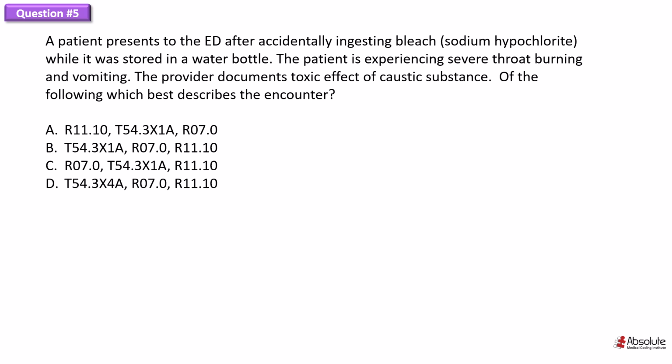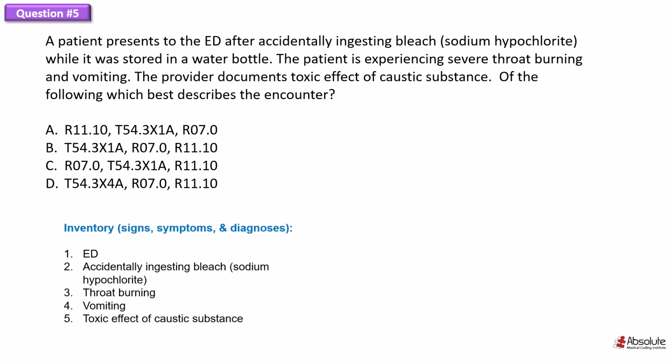All right, coders, how did you do? Were you able to get those keywords? I know you did. Your inventory should look something like this, but just so you know, sometimes it's subjective. But when you are coding for these adverse effects and poisonings, this is basically a good way to inventory.